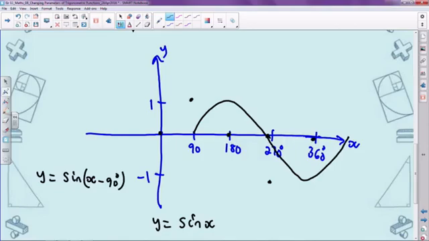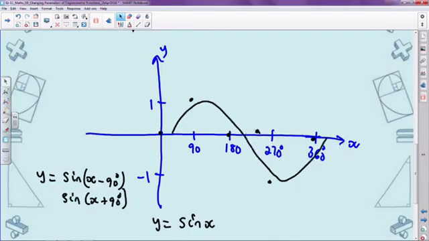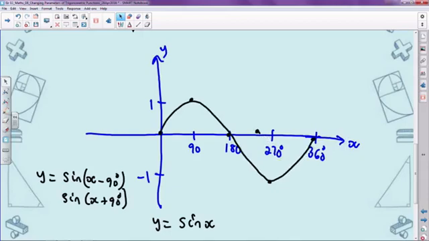Okay, now if this was sine of (x plus 90 degrees), we go to your parent function, which is that.